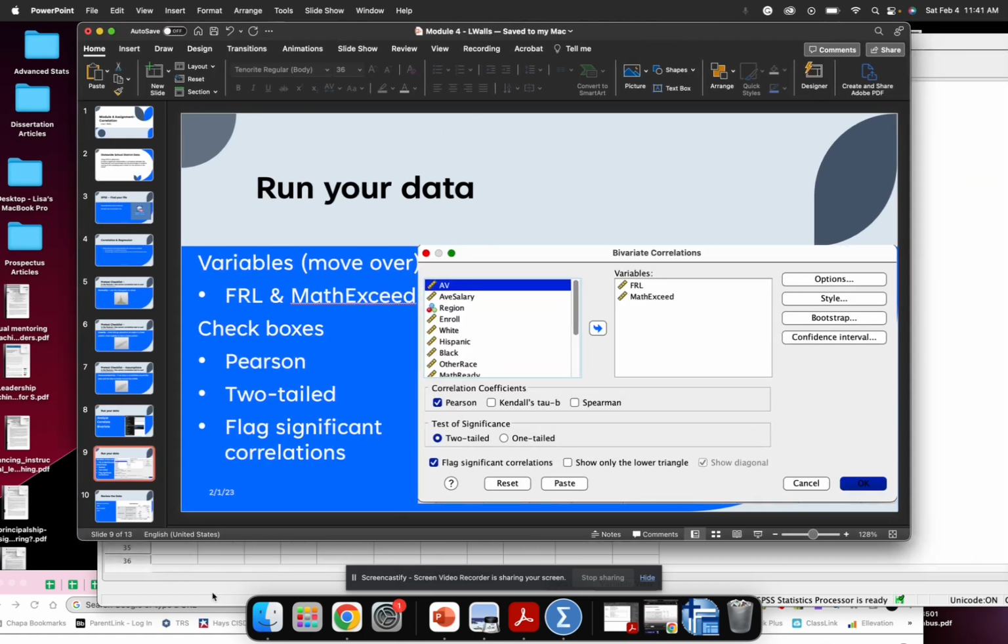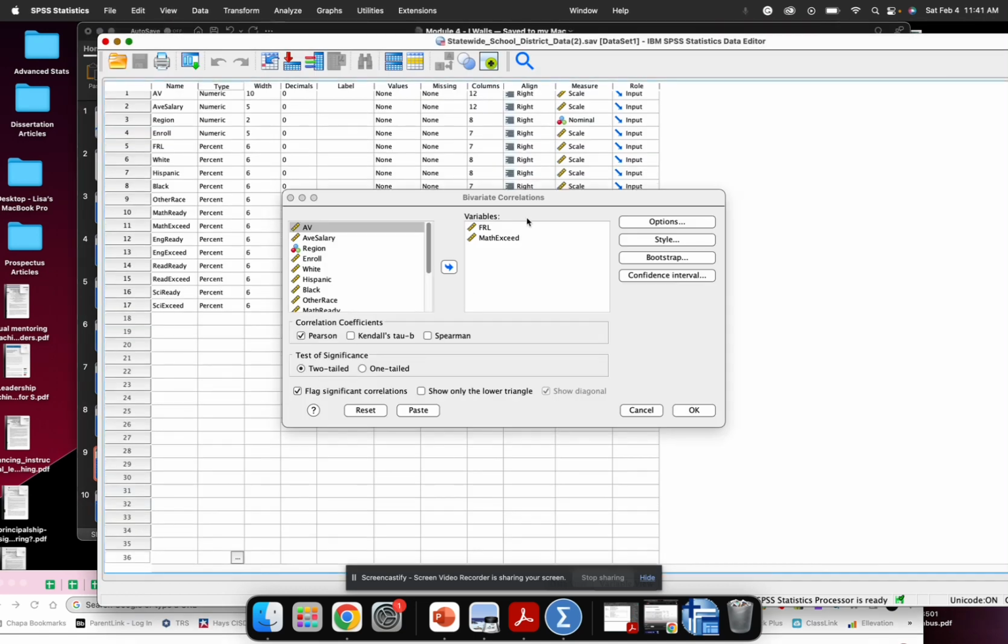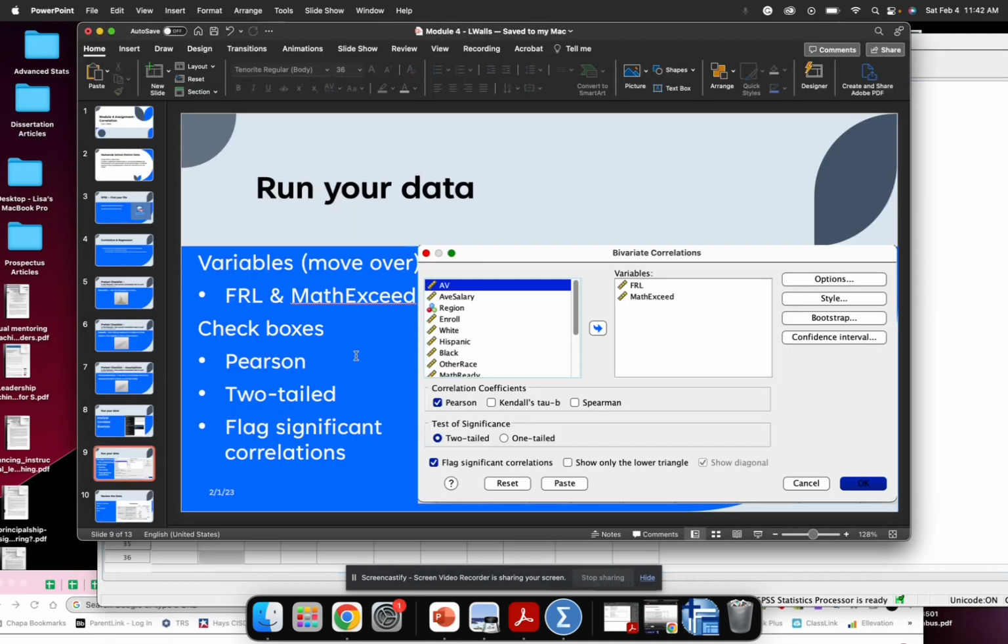We're going to make sure that Pearson is checked, that the two-tailed test of significance is checked, and flag significant correlations. So making sure that those variables are over there and making sure that these three boxes are checked.